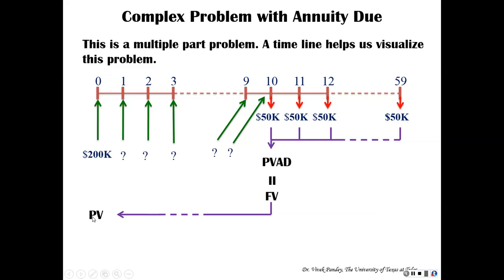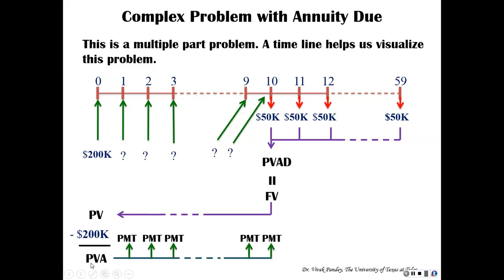And so if that happens to be 200,000 or less, then we're good. If not, whatever the excess is will become a present value of an annuity, which she needs to save every year. It's an annuity, and she has to make payments every year for the next 10 years.